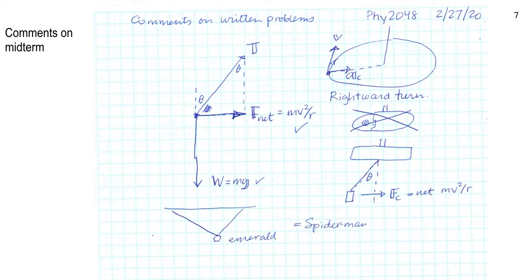And here's the tension in the string. And here's theta. And this is your unbalanced force. So this is your net force, as far to the right, make it like that.